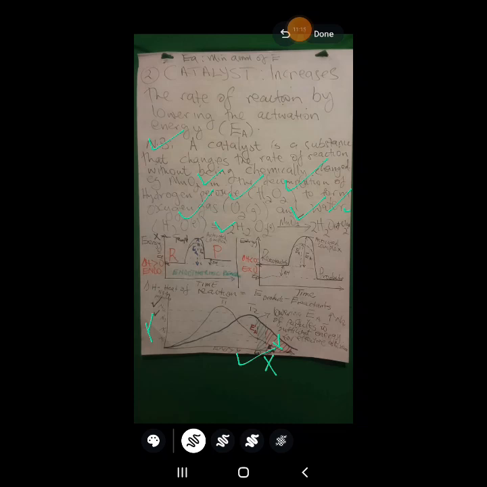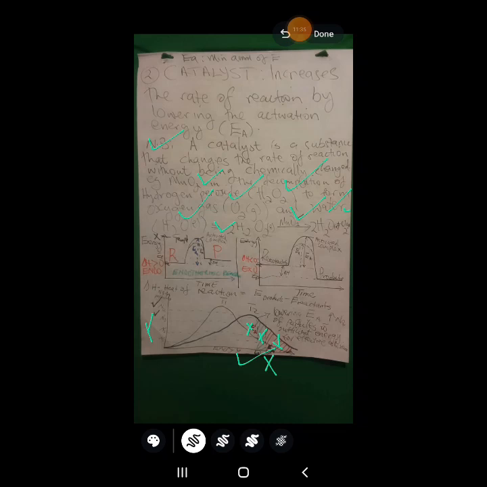But when we lower the activation energy to E'A after adding a catalyst, you realize that the proportion of particles that are capable of effective collisions increases, because we are now going to add that green area as well.